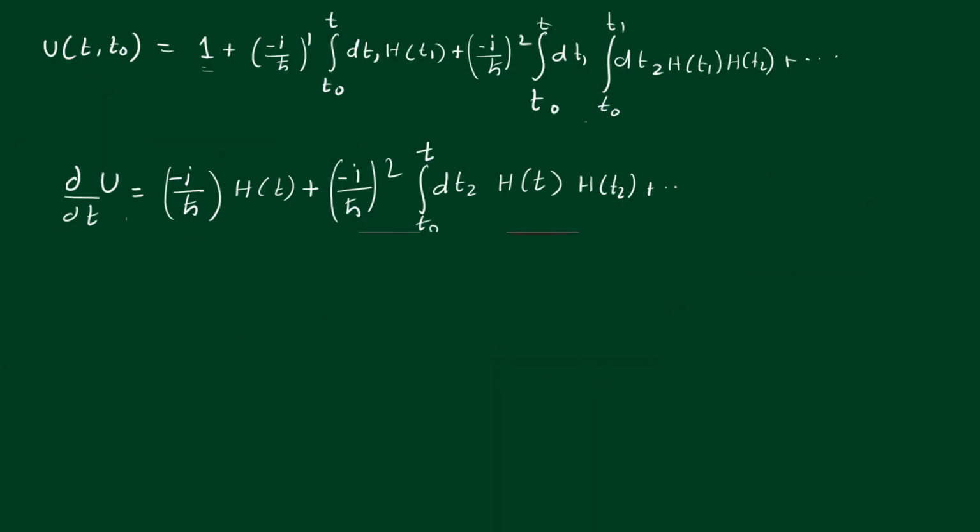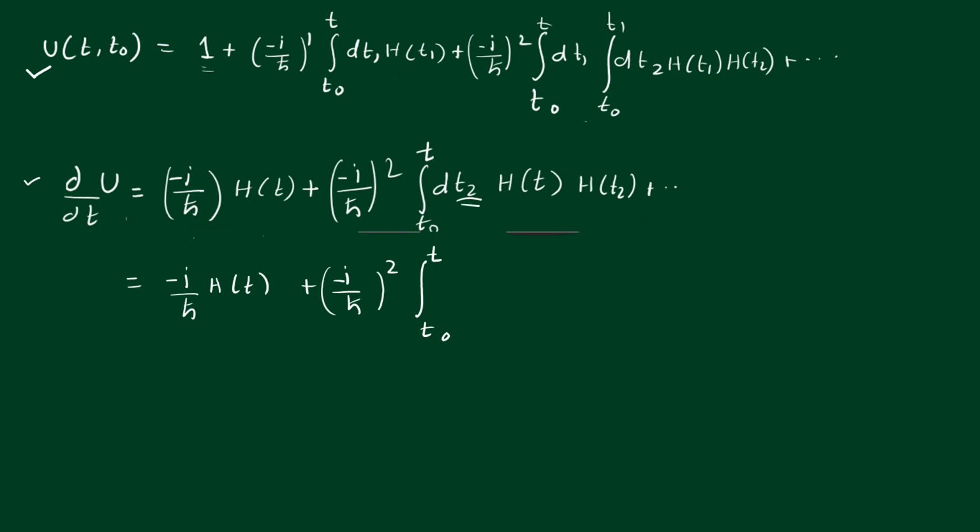Let's continue. This is where we are. We started with the first few terms of the Dyson series. We found the time derivative and we wrote it in this form. We just used the fundamental theorem of calculus and we wrote it like this: minus i by h bar H of t, minus i by h bar square, integral t0 to t dt2 H of t2, plus etc. Now we can write this also as minus i by h bar H of t plus minus i by h bar square integral t0 to t.